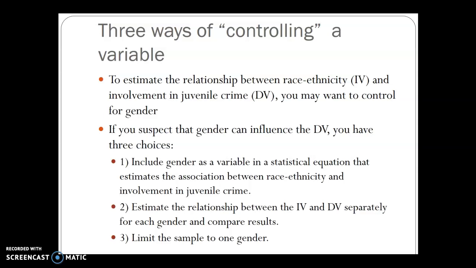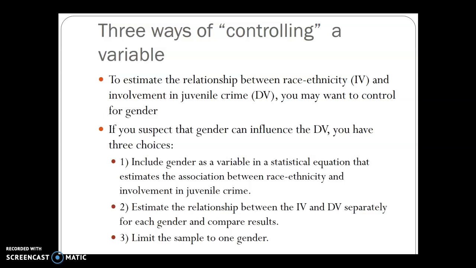You could stratify. And by stratification, I'm saying, take some variable, some third factor that you think might be related. In this case, if I'm looking at the association between race, ethnicity, and juvenile crime, and you think gender matters, if you think that relationship is different for boys and girls, then you stratify.